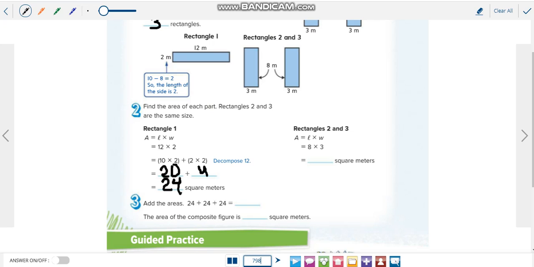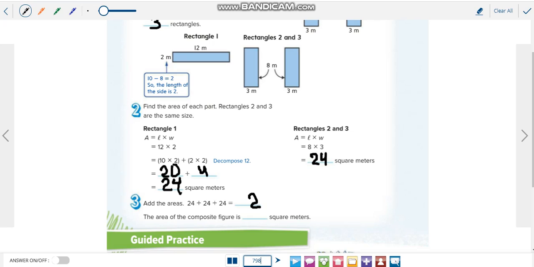So 8 times 3 equals 24 square meters. Now we're going to put all that information together to find the total area. So add the areas. This rectangle was 24, and this one is 24, and this one is 24. So 24 plus 24 plus 24. So 4 plus 4 equals 8. 8 plus 4 equals 12.